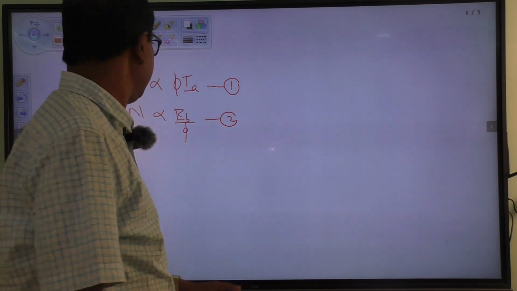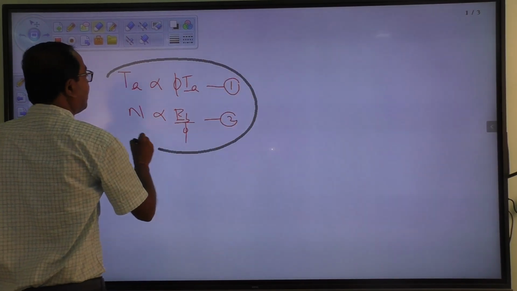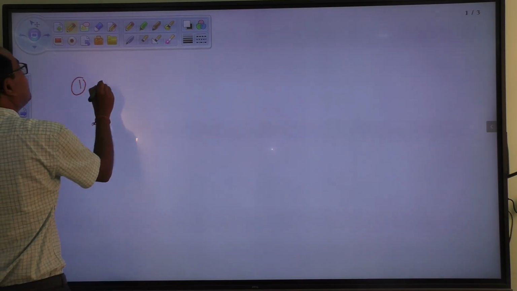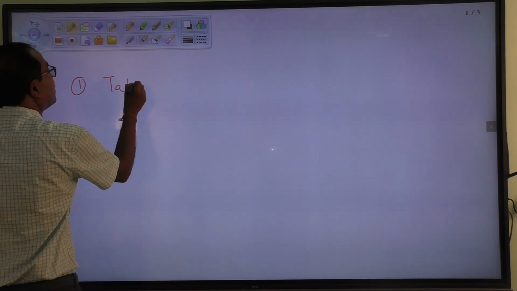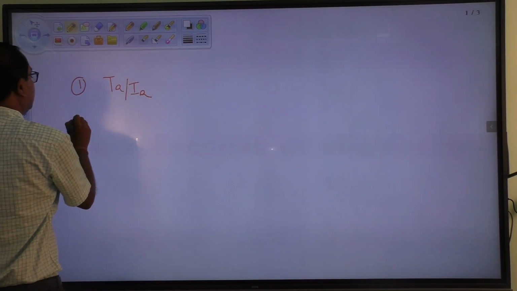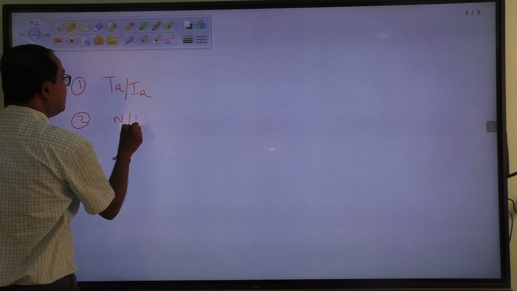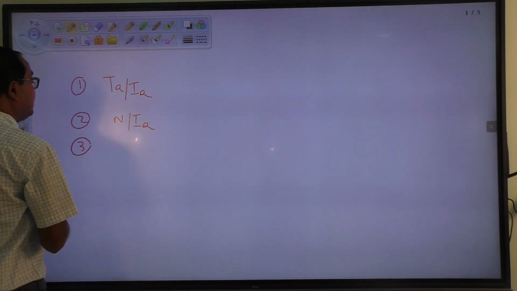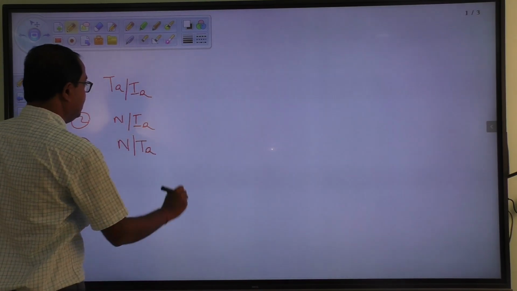And there are three characteristics. One is Ta versus Ia, another is N versus Ia, and the third one is N versus Ta.